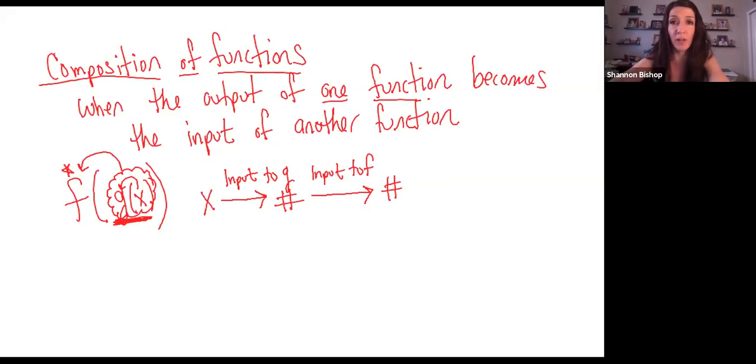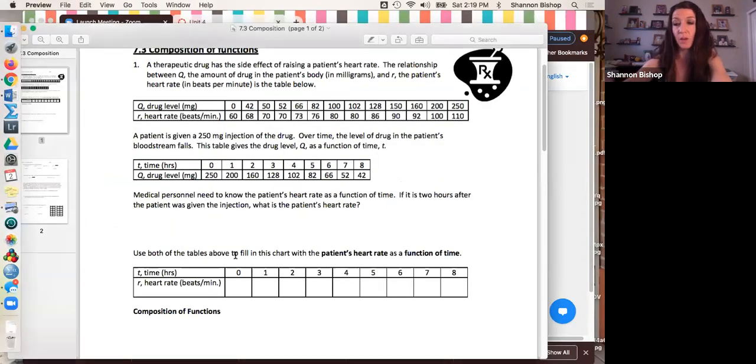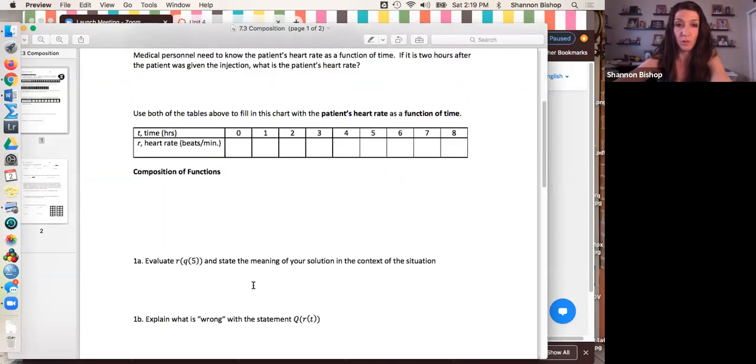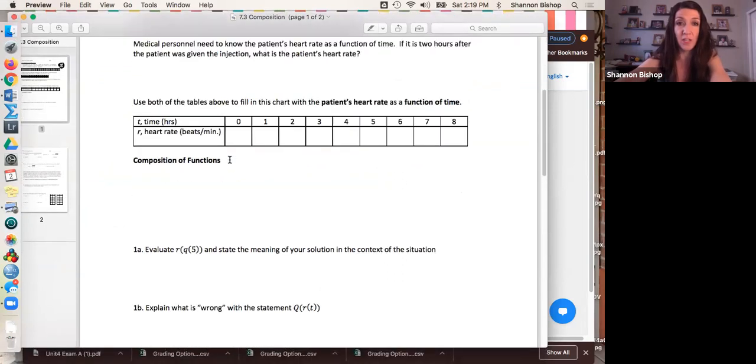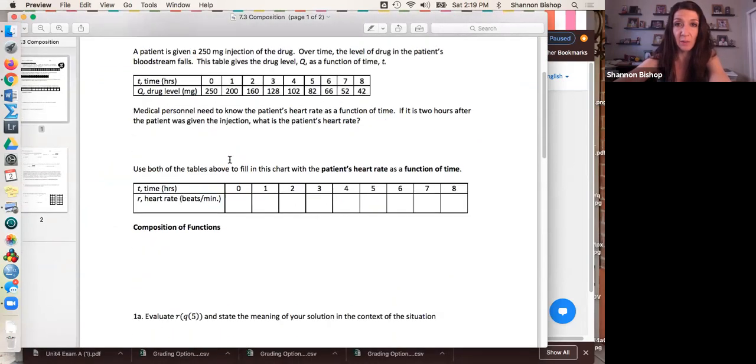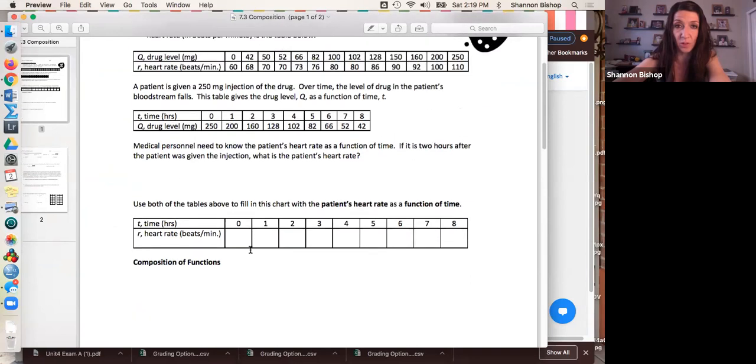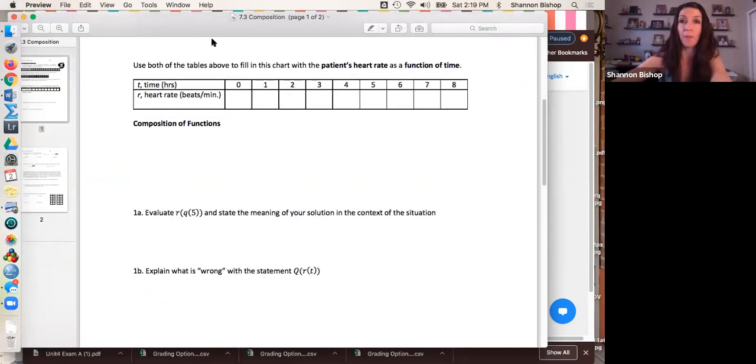So let's look at how that would apply to the problem we were just looking at. Look down here, number 1, evaluate R of Q of 5.